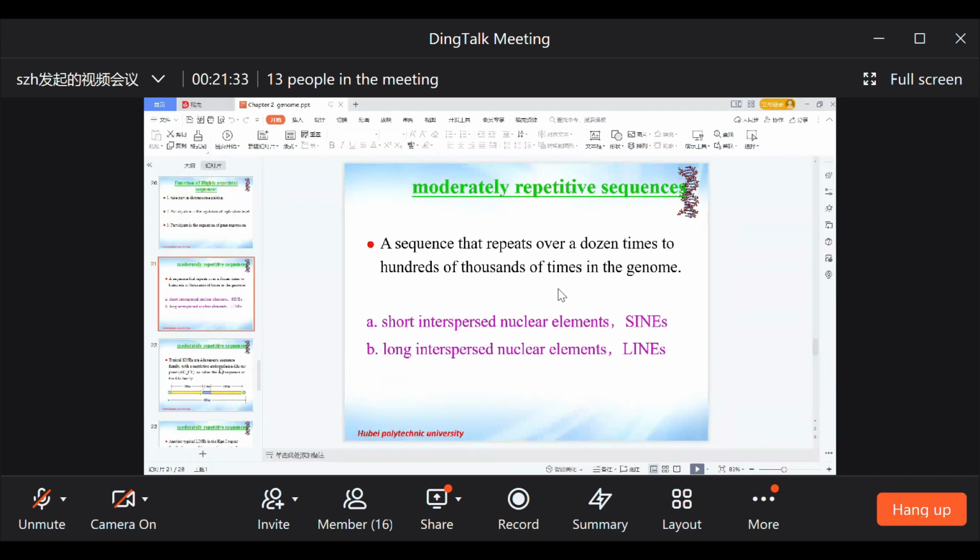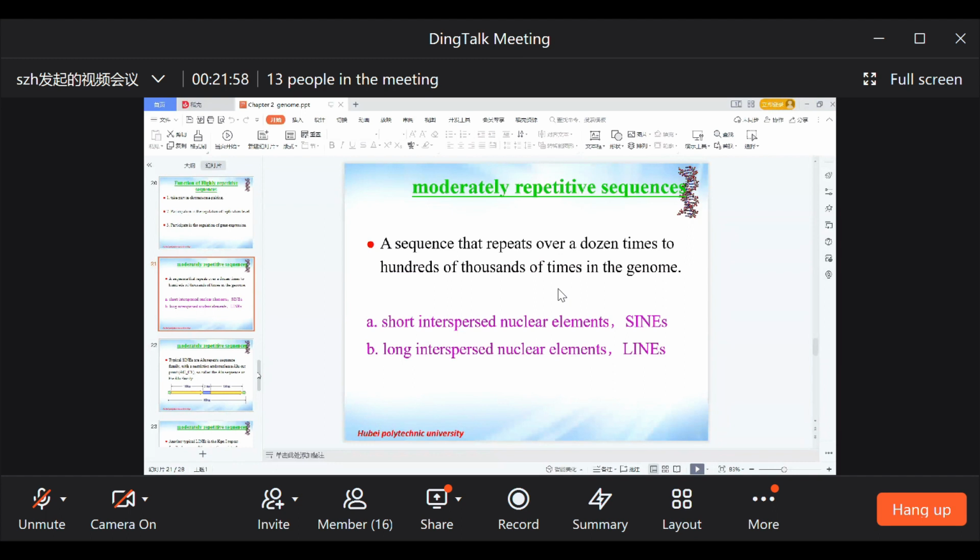For this kind of sequence, you can see here I listed two kinds of sequence. Here you can see the frequency is smaller than the highly repetitive sequence.